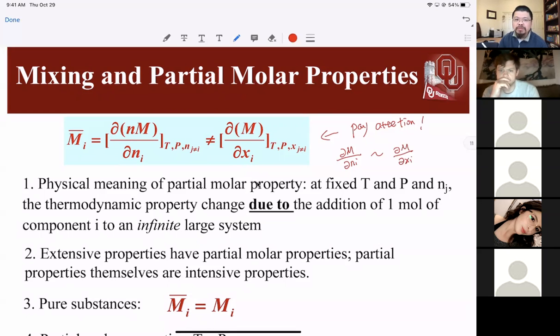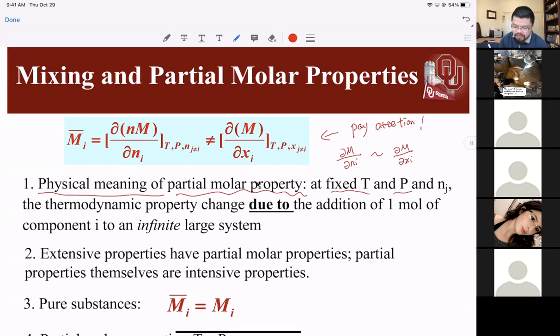But here I want to bring up the note that when you define the partial molar property, we have to follow the physical meaning of this partial molar property. And over there, we cannot use the two equations. We cannot treat them as identical definitions of the partial molar property. If we read the definition, it says in order to have the partial molar property, we need to have fixed temperature, fixed pressure, and all those other components fixed.